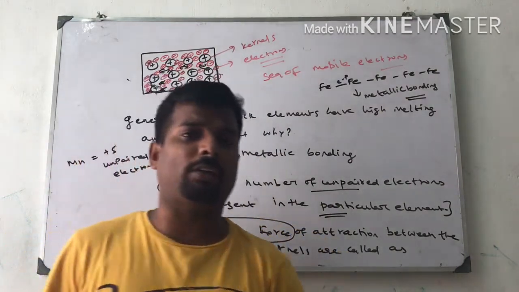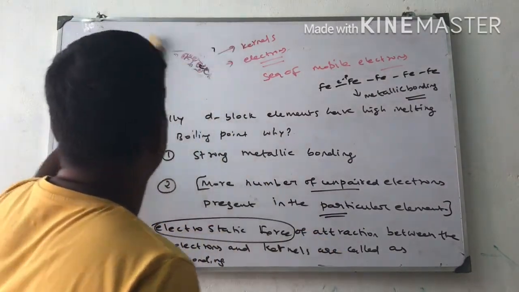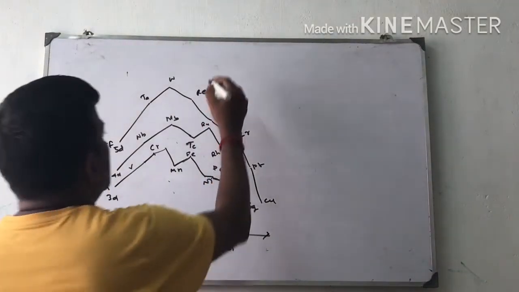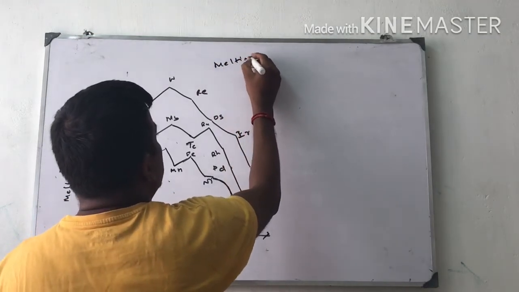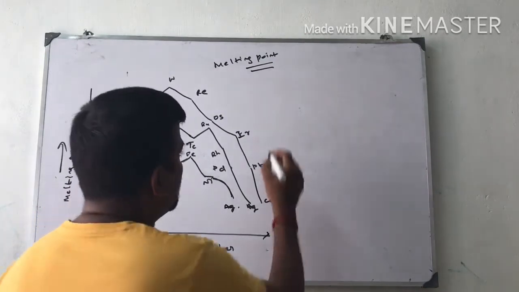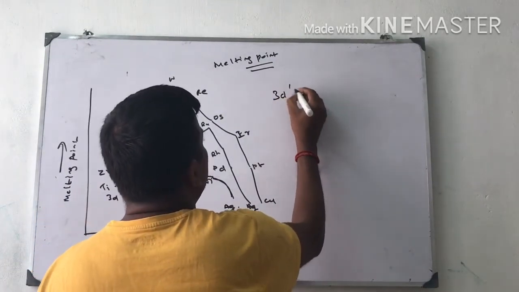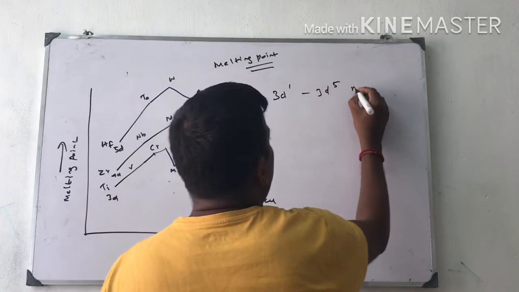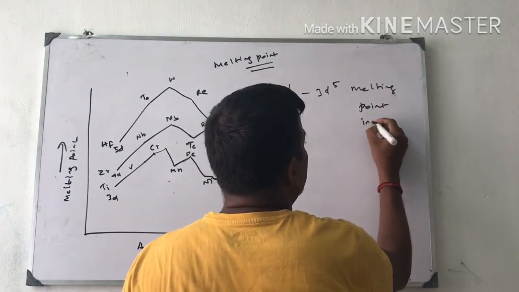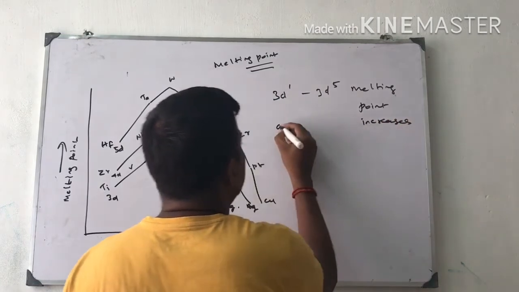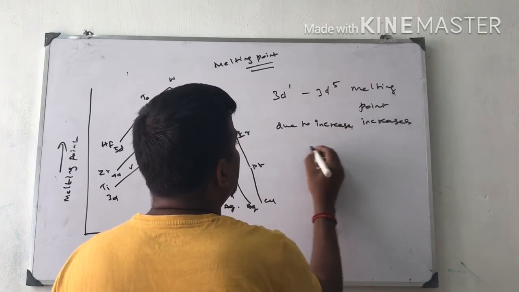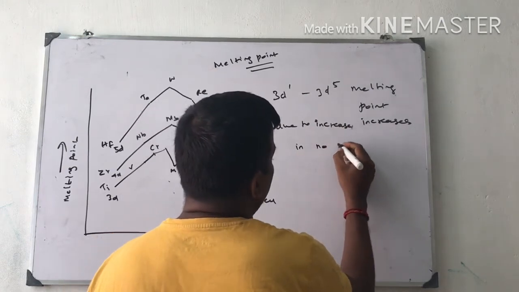Now I am going to draw the diagram given in the textbook. This is the graph which explains the melting point curve. Generally in the 3d series, from 3d1 to 3d5, the melting point increases due to the increase in the number of unpaired electrons.